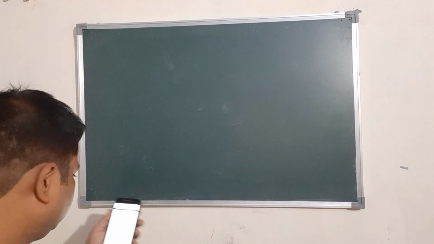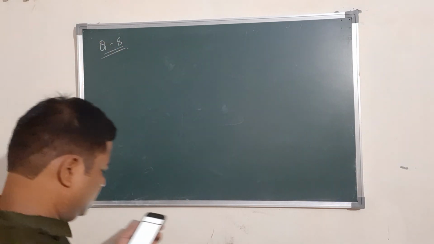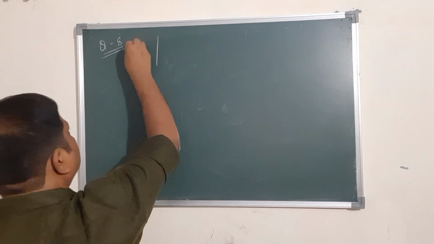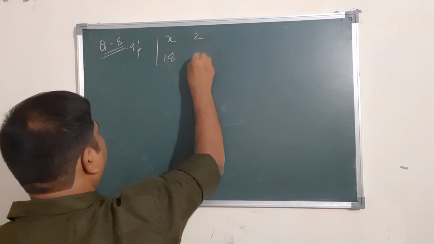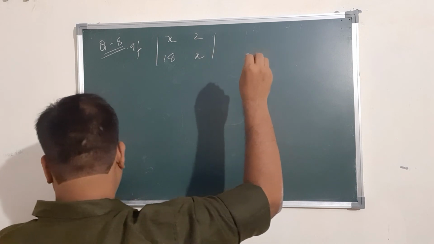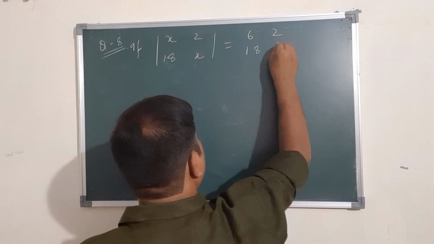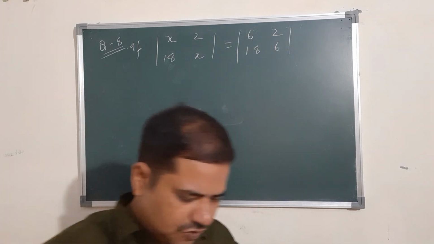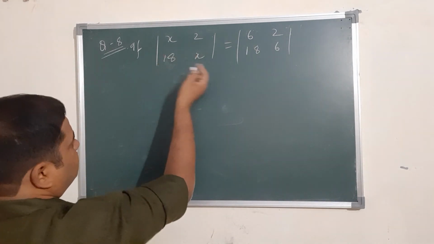Question number 8. If the determinant x 2, 18 x is equal to the determinant 6 2, 18 6, then what is the value of x? So you see, options are given.